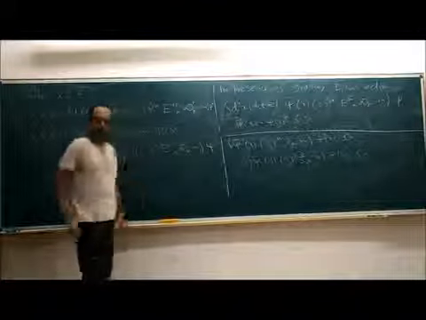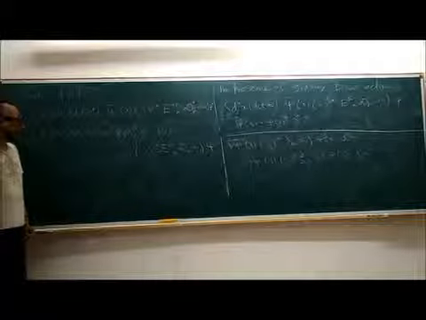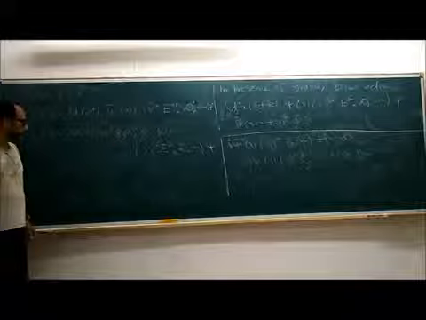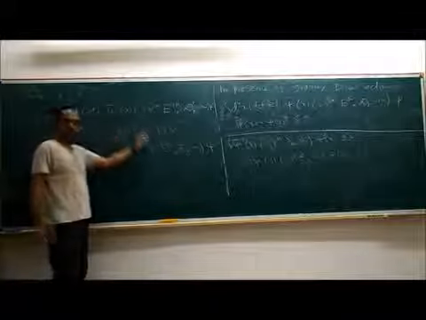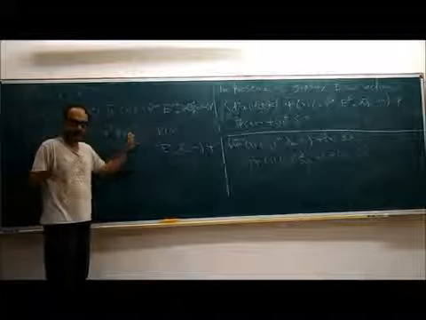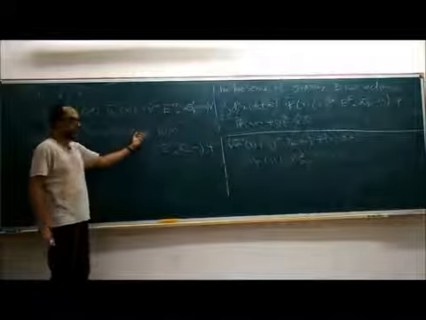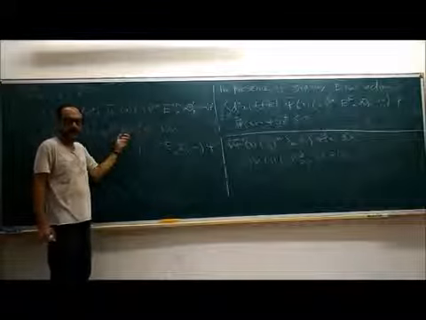This is what we showed already. Now the same identity that was used in proving the ordinary Lorentz invariance in flat space shows that R lambda dagger gamma hat naught is gamma hat naught R lambda inverse.